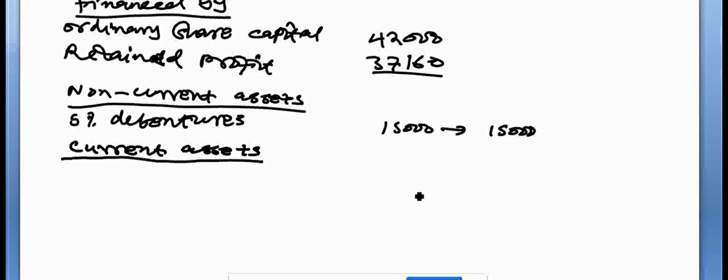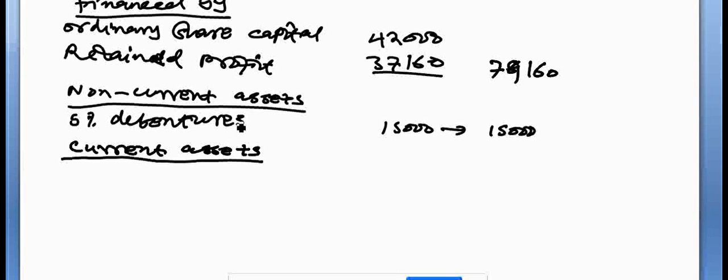42k ukiongeza 37160 inakupea ngapi? Inafaa ikupea, that is 79,160. Then kuna 15k.